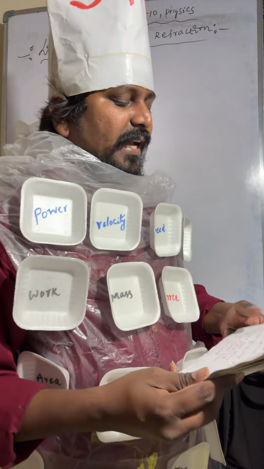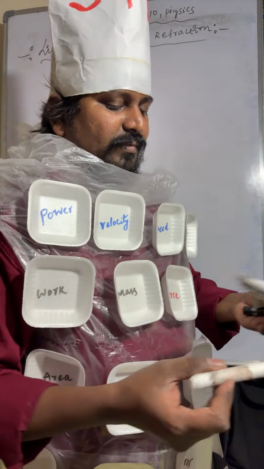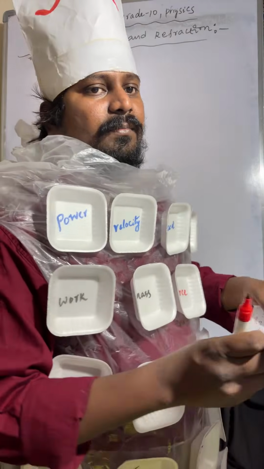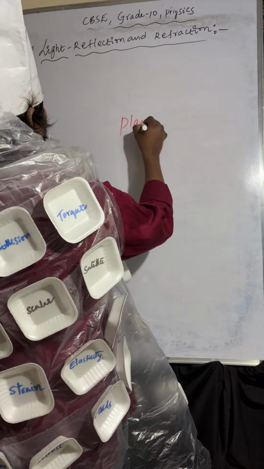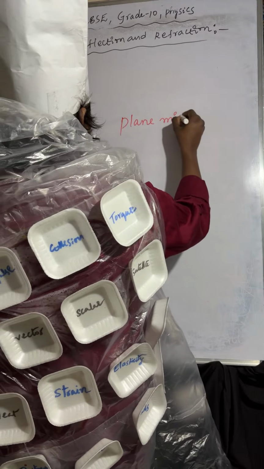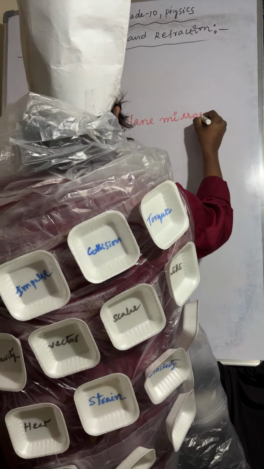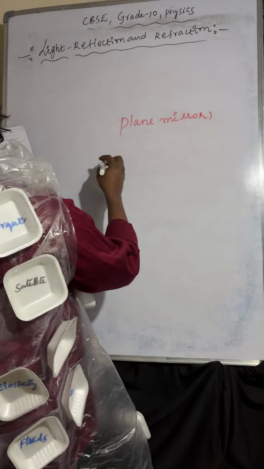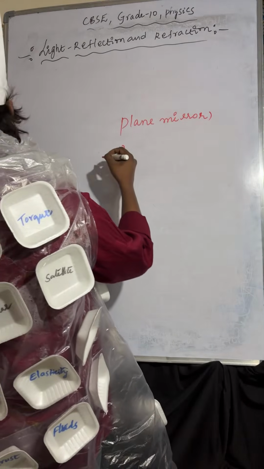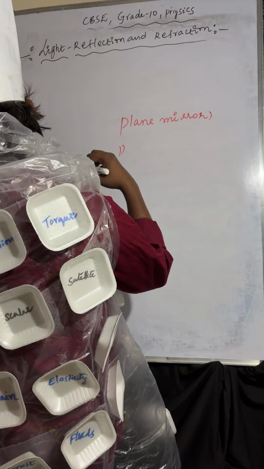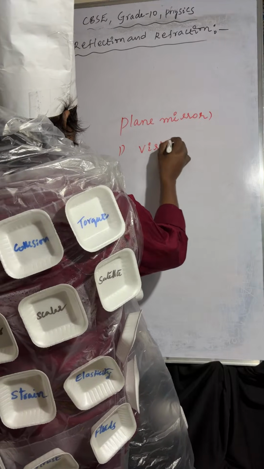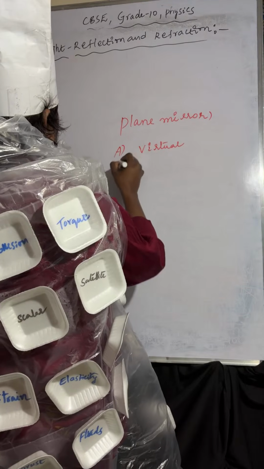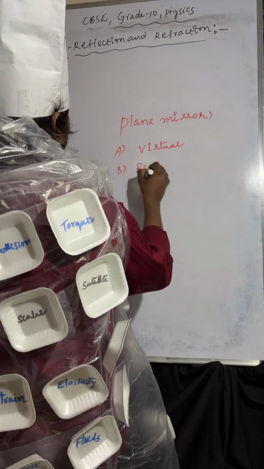What type of image will form on plane mirror? Option A, virtual image. Option B, real image.